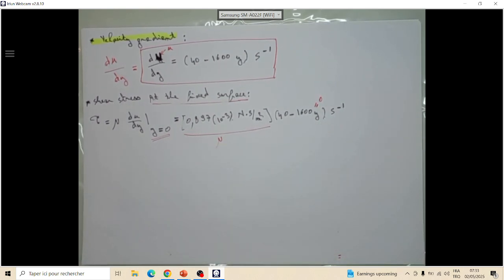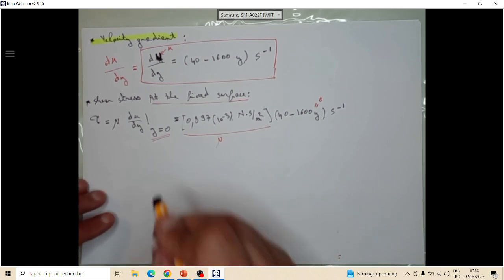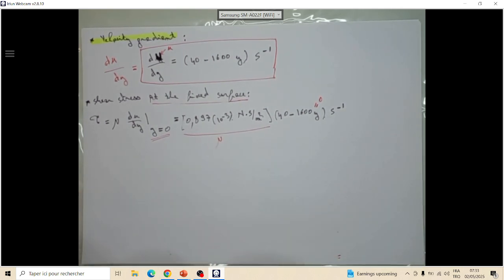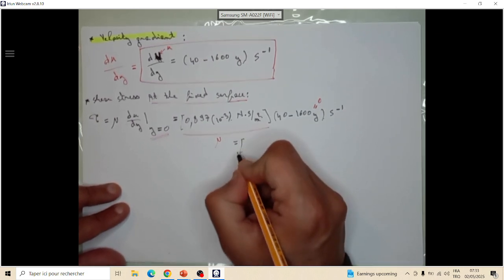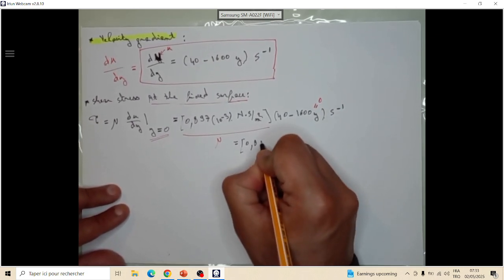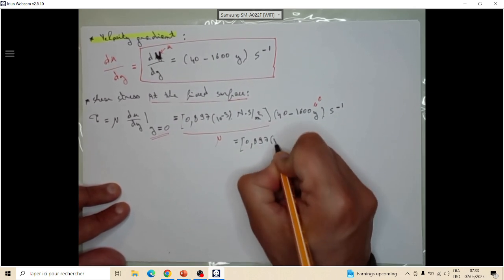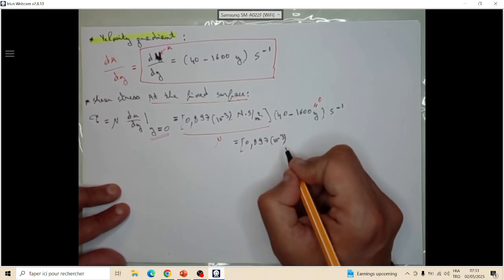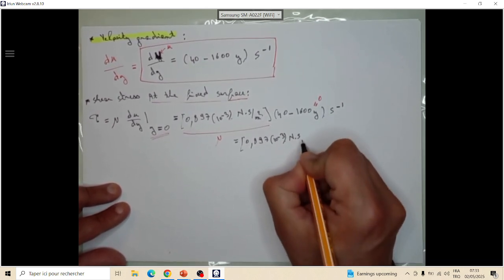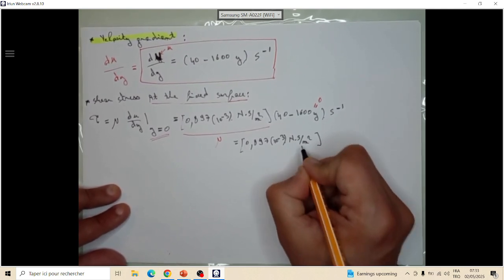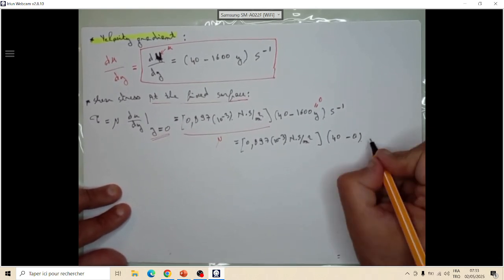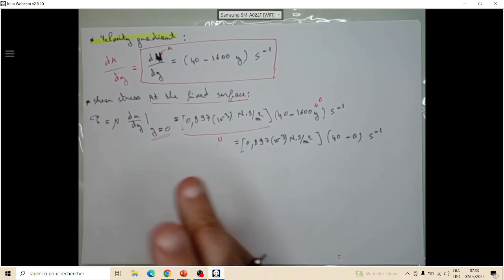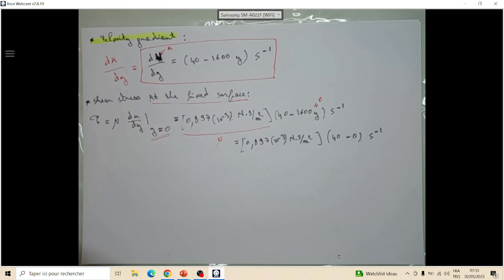This will give me tau equal to 0.897 times 10 to the power 3 Newton times second per meter squared, times 40 minus 0, second minus 1.